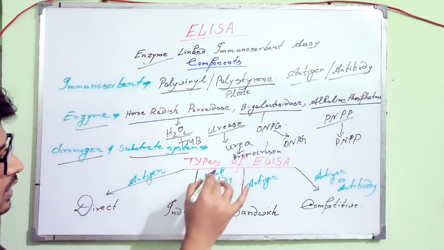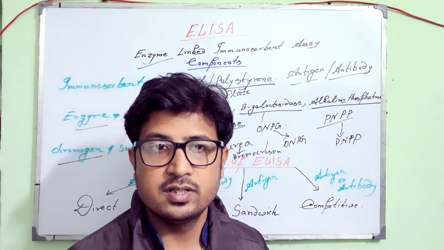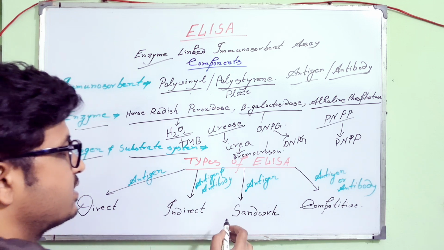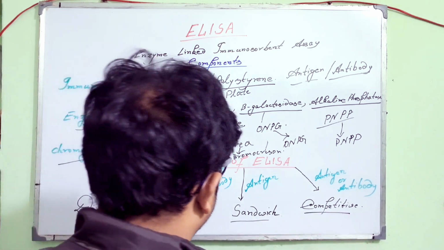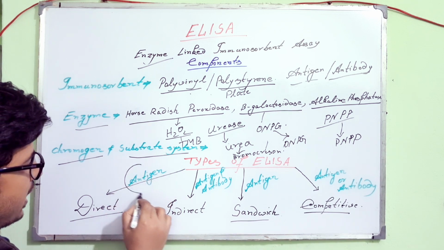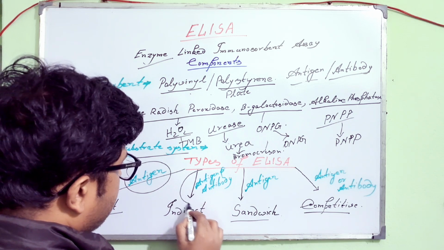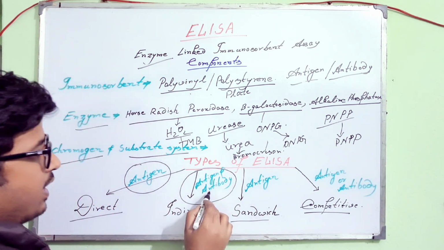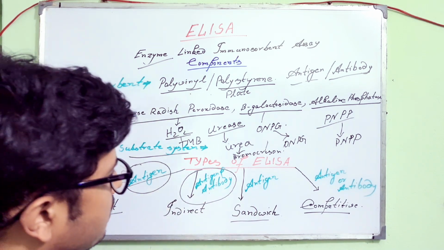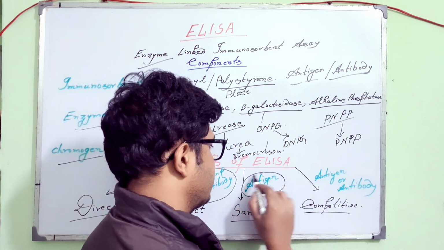Now, the types of ELISA. ELISA can be of four types: direct, indirect, sandwich, and competitive. Direct ELISA is commonly used for antigen detection. Indirect ELISA can be used for antigen and antibody detection. The sandwich ELISA is used for antigen detection.